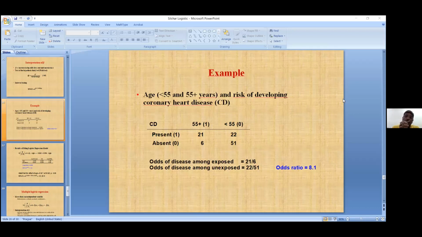Logistic is more popular than probit, and the interpretation of probit is a little bit more complex than logistic regression. There are so many regressions: probit, logistic, multinomial logistic, multivariate. But logistic is a very useful and very informative technique. That is why it is used more.